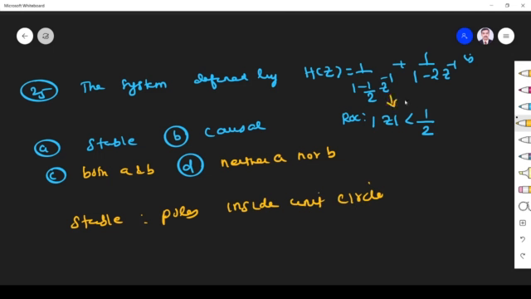It has a pole at 1 by z inverse, so 1 by 2. This has a pole at 2. Right? When you substitute z is equal to 2, it will become infinity. When you substitute z is equal to 1 by 2, it will become infinity. So we have poles at z is equal to 2 and 1 by 2. Z is equal to 2 is greater than z is equal to 1. So one pole is not inside. So it is unstable.